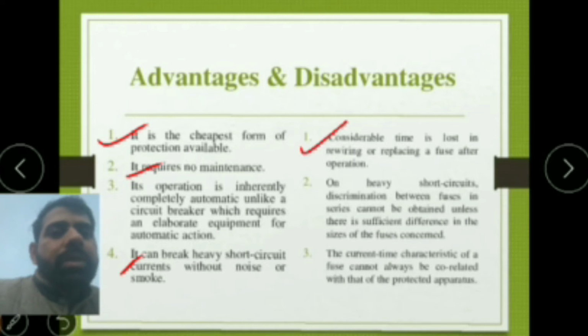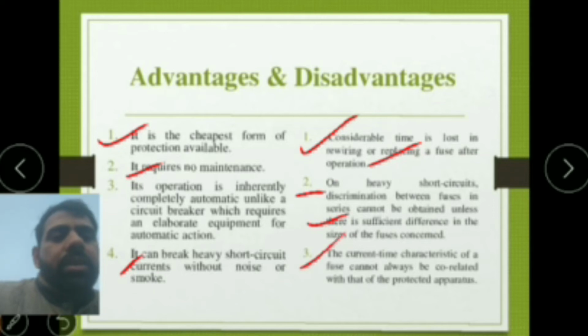Then if we talk about the disadvantages, the first one is that it requires considerable time, or we can say that a lot of time is lost in rewiring or replacing a fuse after operation. The second thing is that on heavy short circuit, discrimination between fuses in series cannot be obtained unless there is a sufficient difference in the sizes of the fuses.